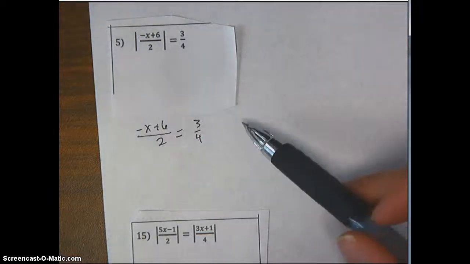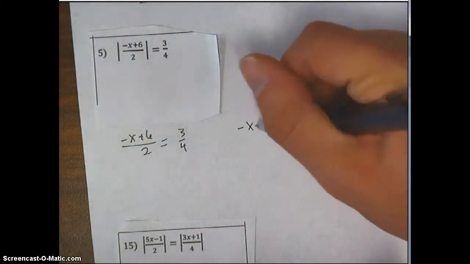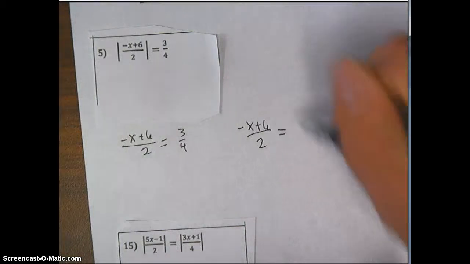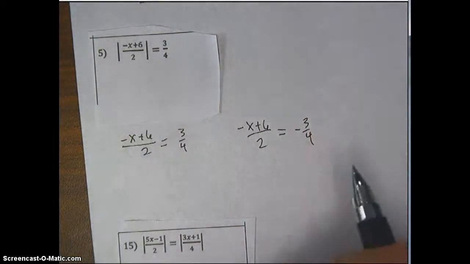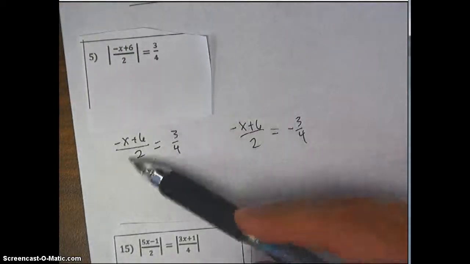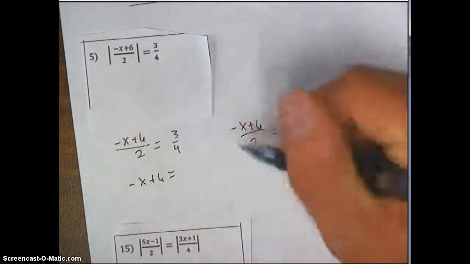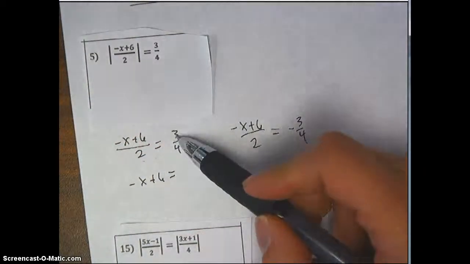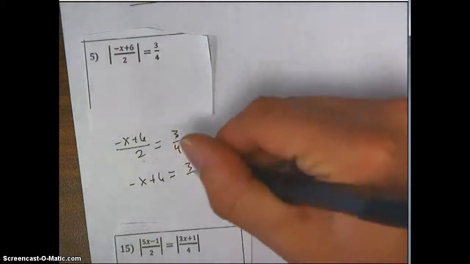But then I need to write a second equation: negative x plus 6 over 2 equals negative 3/4. So I'm going to have two answers. Here, multiply 2 to both sides. 2 times 3/4, it's negative x plus 6 equals, you can just multiply that 2 to the top there, and that's 6 over 4, or just 3 over 2.